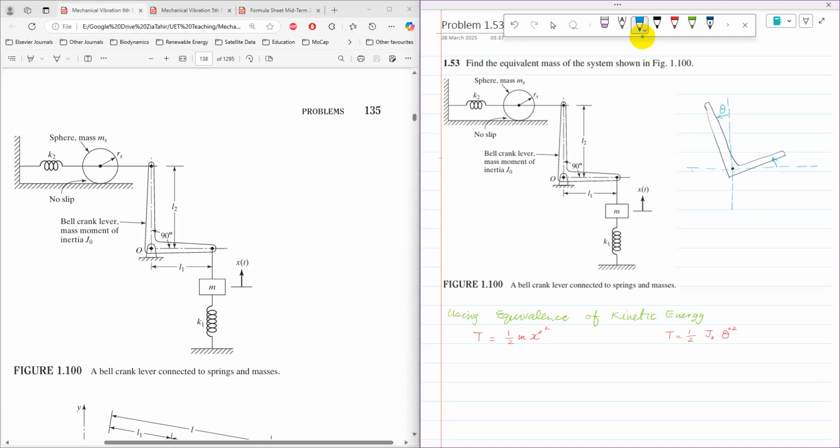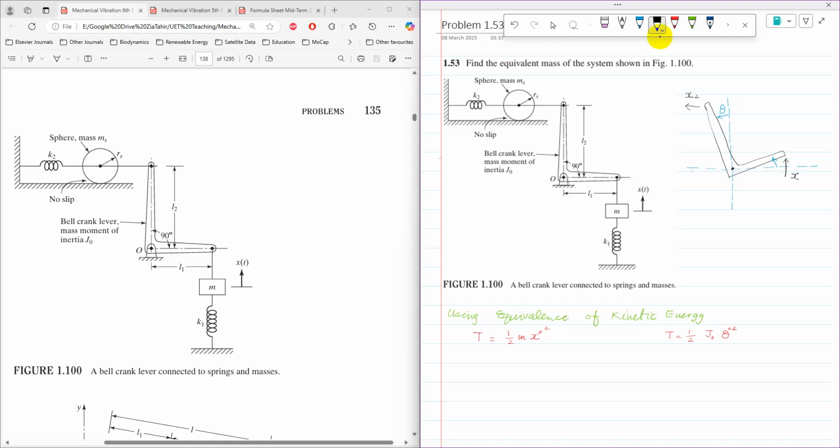Now when that end is rotated a little bit, there will be some displacement or compression in the spring, which I am going to assume as x2, and this end will have a displacement x.